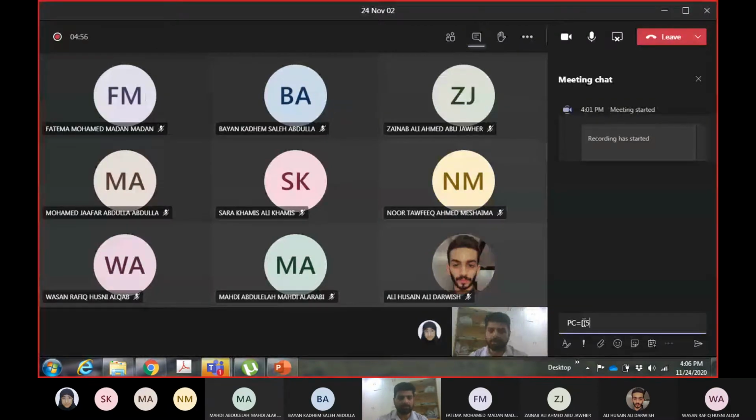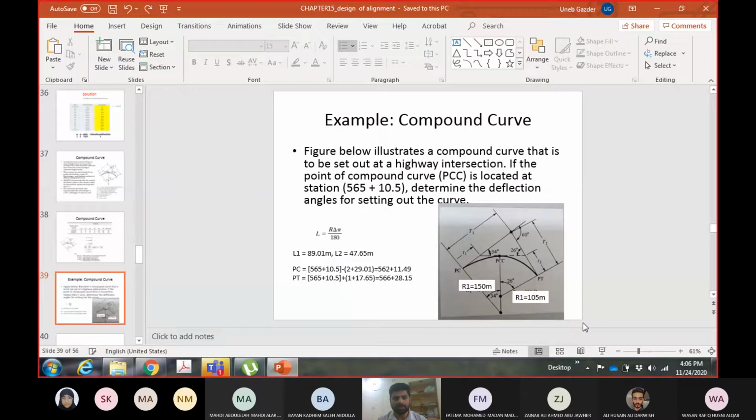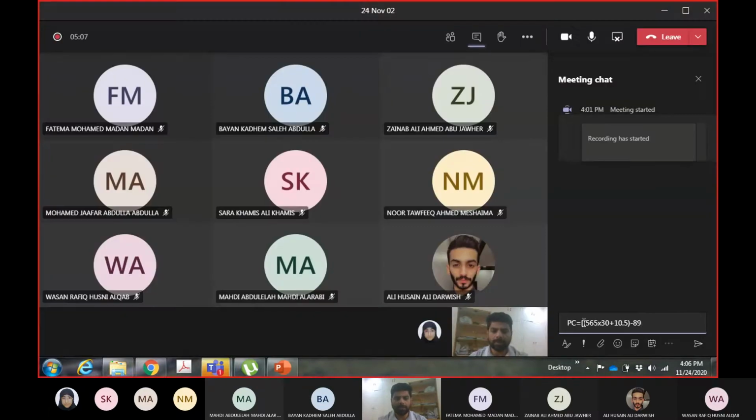So PCC is 565 into 30 plus 10.5, so you get PCC, then you subtract the length, which is 89.01, and then you close the bigger bracket and you divide the whole thing by 30 to convert to stations.